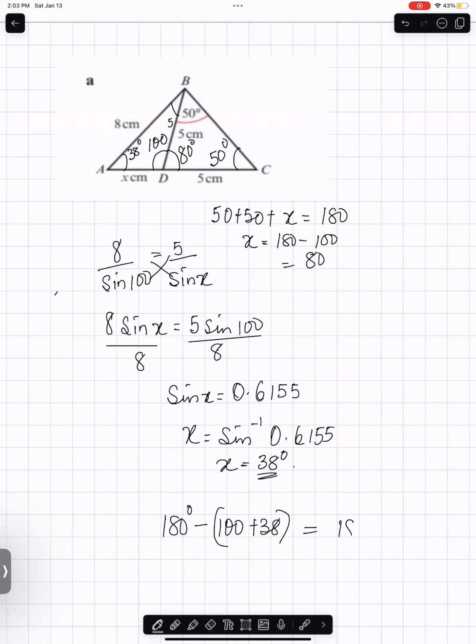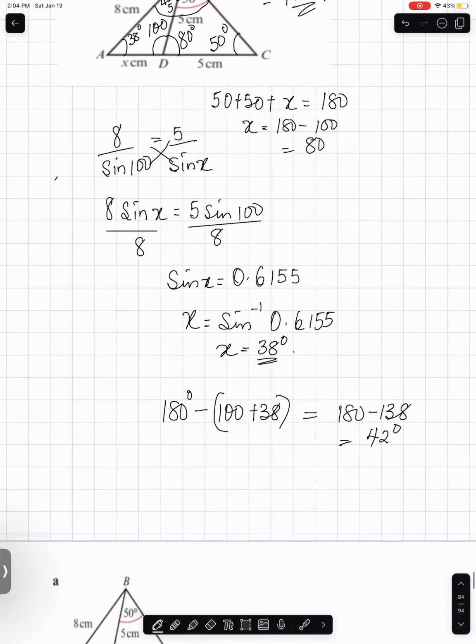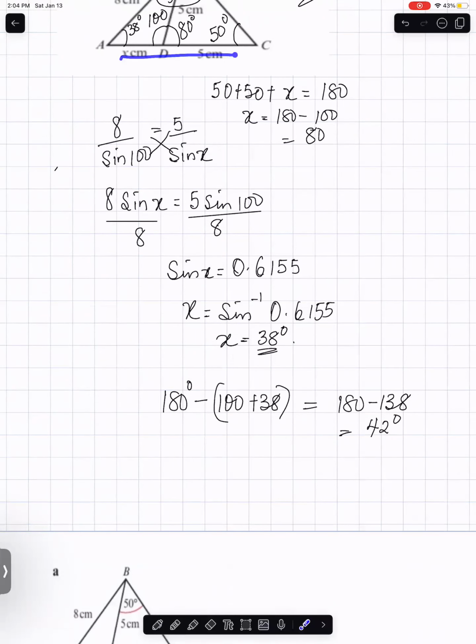So that is 180 minus 138 degrees, which is 42 degrees. So we have this angle here as 42 degrees. So take note of the triangle. The entire angle here becomes 42 plus 50 degrees. That gives us 92 degrees. So having gotten the angle, we can proceed to look for our x.